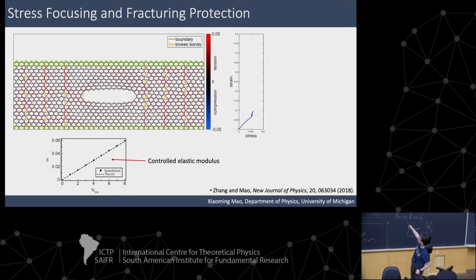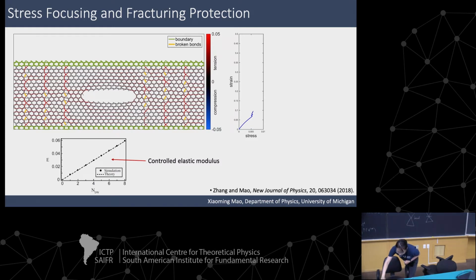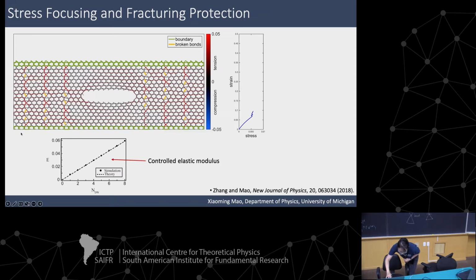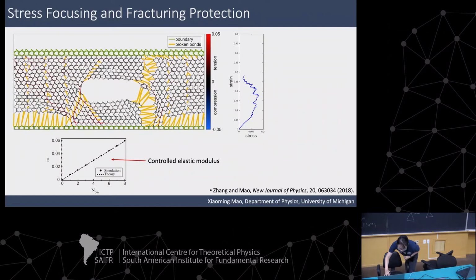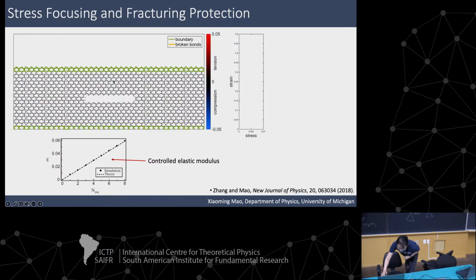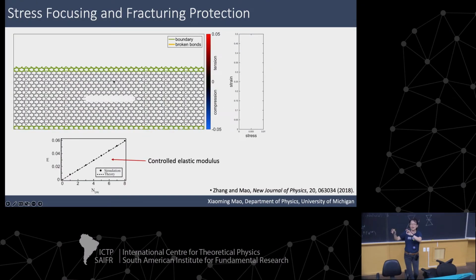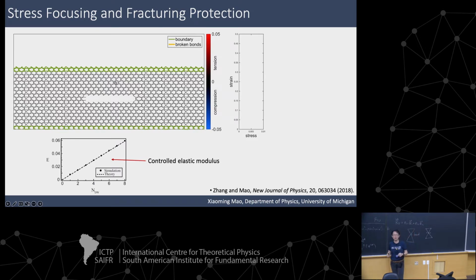And yellow just marks the broken bonds. So the damage always first occurs at these states of self-stress domain walls. And then if I finish playing the video, you can see that it is only at the very late stage the crack starts to propagate. You can use the domain walls to protect the material.